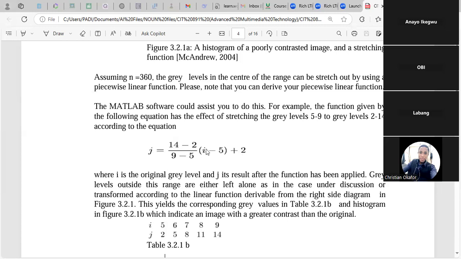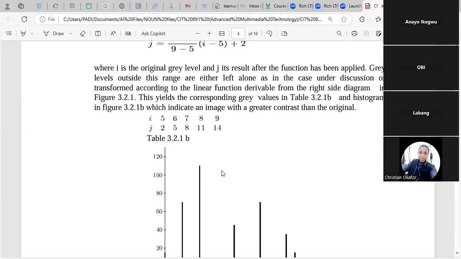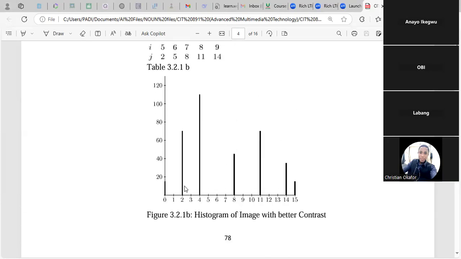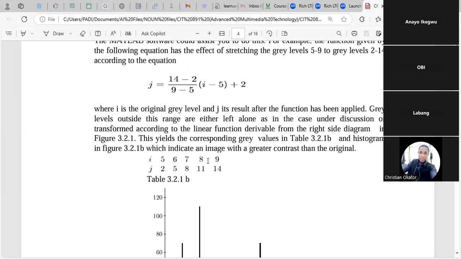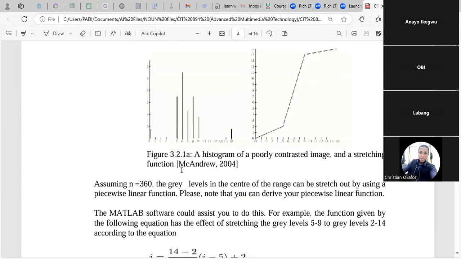When you compute this, you'll be able to see. Have you seen this image now? The figure 3.2.1b.